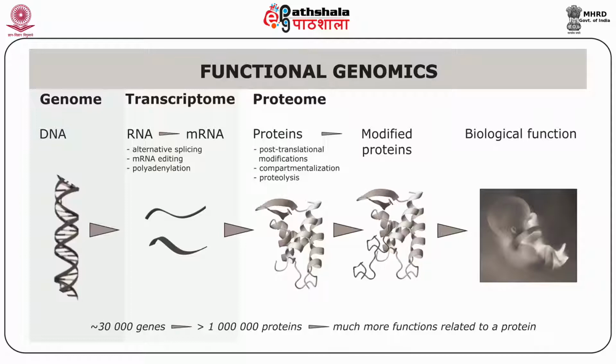Around 30,000 genes give rise to 10 lakh proteins and many more functions in the biological system. To understand this complexity from DNA to protein, we can use functional genomics to understand this complexity and how it can be regulated and annotated.